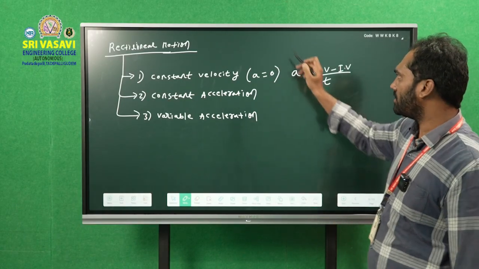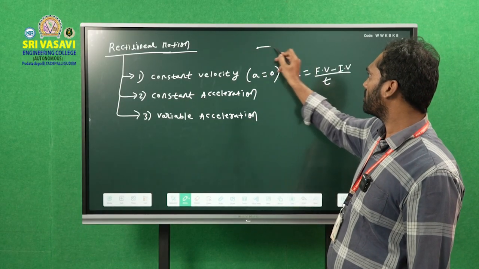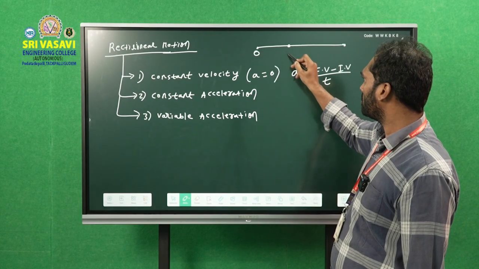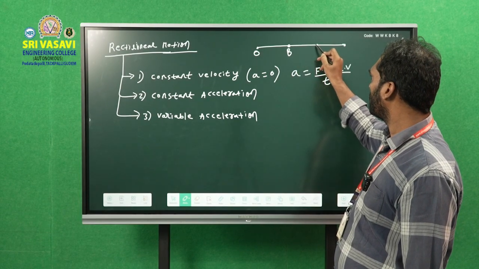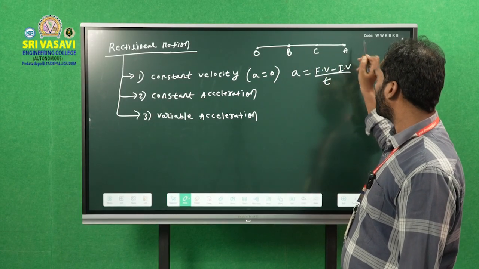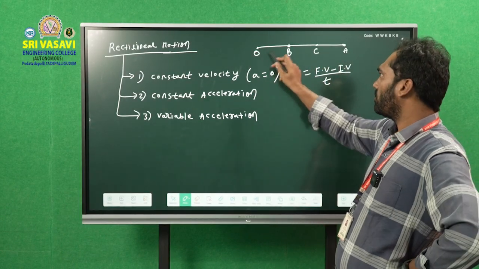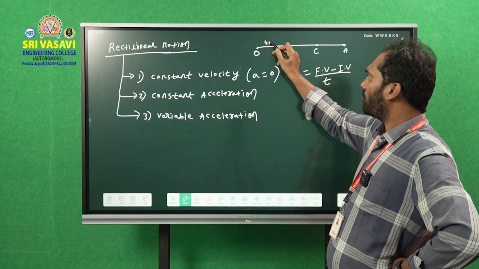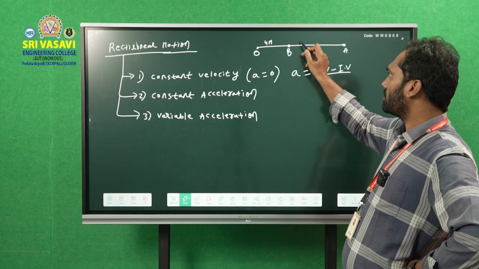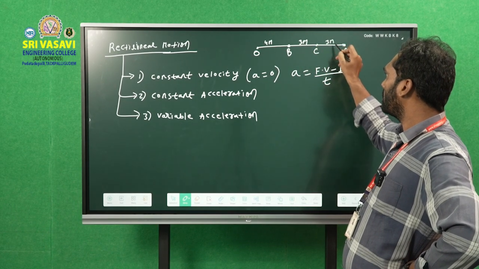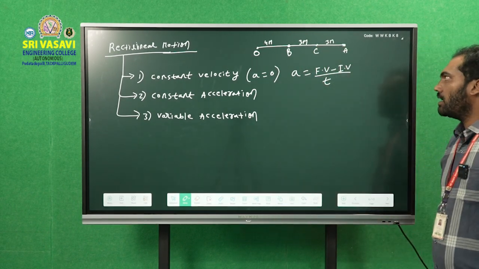If I consider some path like this, O, B, C, and A, from O to A the distance traveled is 4 meters, B to C it is 3 meters, and C to A it is 3 meters.